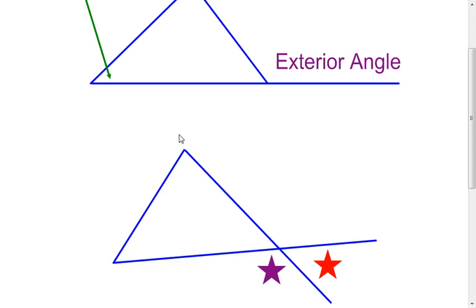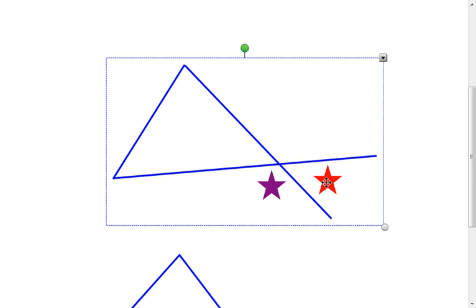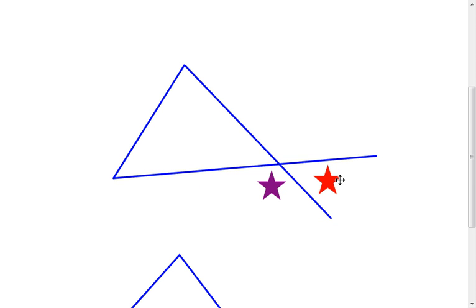I'm going to scroll down here to hopefully eliminate some confusion, because sometimes people will think that this, what I have starred as the red angle here, is an exterior angle because it's on the outside of the triangle. However, an exterior angle has to have one of its sides be a side of the triangle, and when I look at the sides of this red angle, neither one of these sides are sides of the triangle.